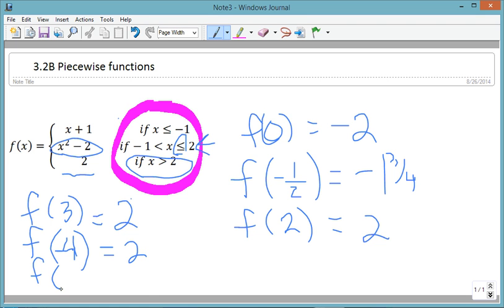If I have f of 5, that would be 2. And so on. Okay, so that's how we evaluate a piecewise function. You have to look at what those constraints are. And the constraints are always on x. Before we ever plug anything in, we have to figure out which equation we're supposed to use.